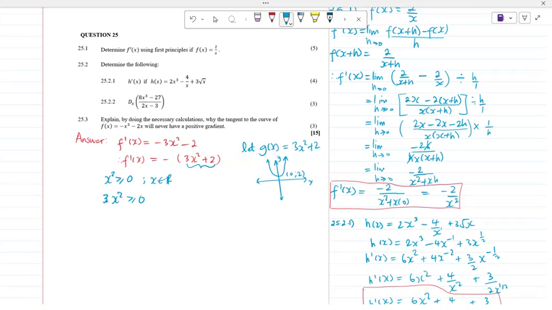And if you add 2, a positive number, you're still going to get positive. And therefore, you conclude that the tangents will always have positive gradients.